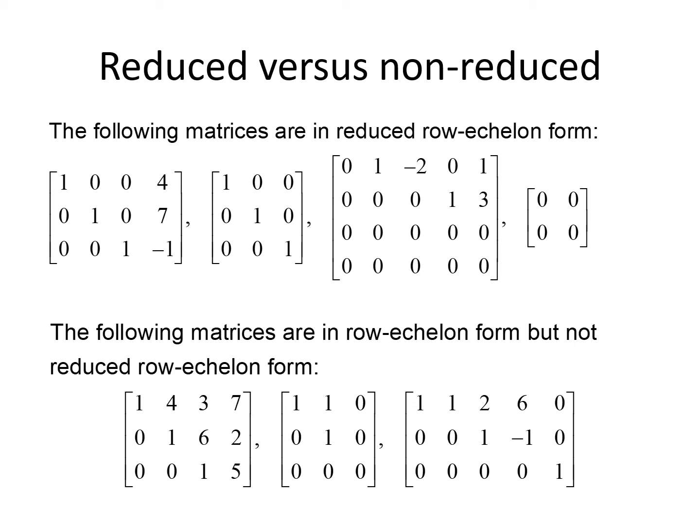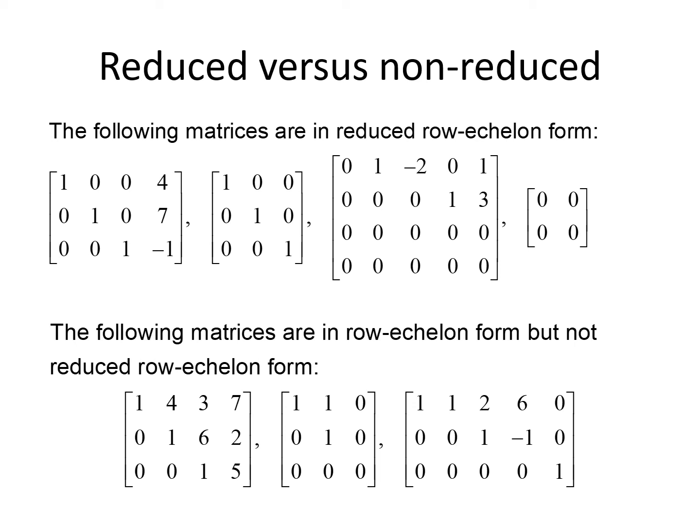So this is an example of reduced row echelon form. Why do we say it is reduced row echelon form? Because that matrix satisfies all four conditions. All columns here have leading ones.